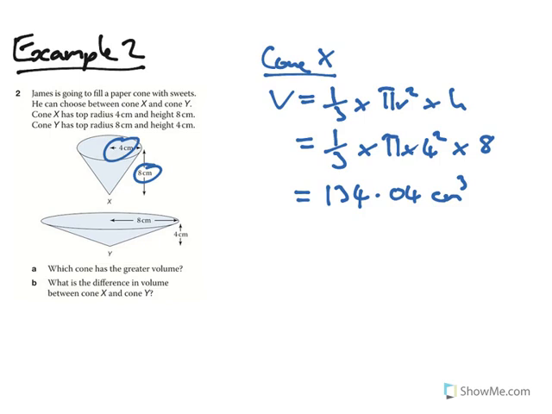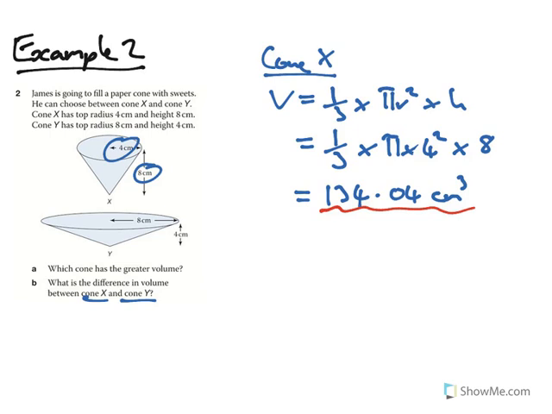But if it asks what's the difference in volume between cone X and cone Y, what you really need to do is have more than 3 significant figures for cone X and more than 3 significant figures for cone Y. Then when you give your answer, you can give it to 3 significant figures and you'll know that it's actually accurate.